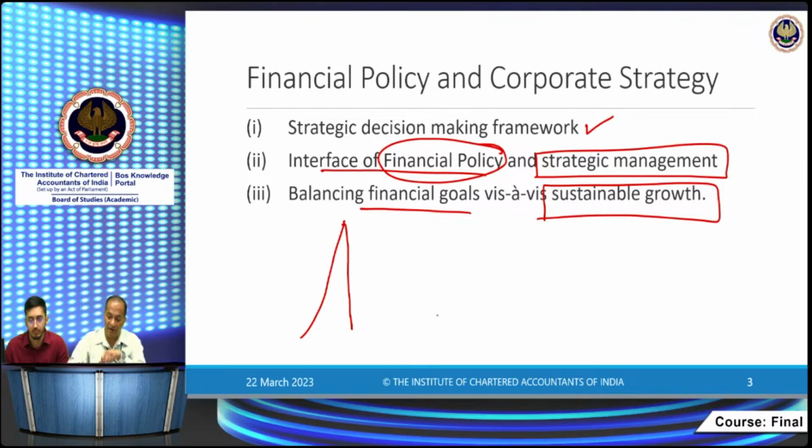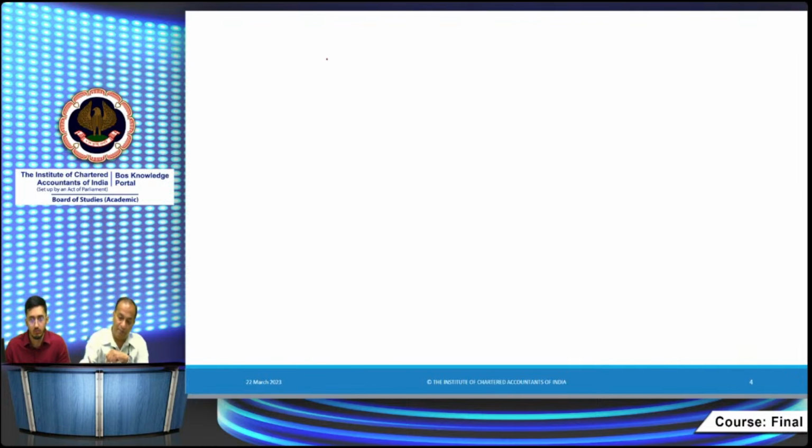Rather, it is better to take moderate growth, where your growth graph is steady, but you are still maintaining a sustainable growth rate. Another decision is, for example, buyback of shares, which is also a strategic decision.